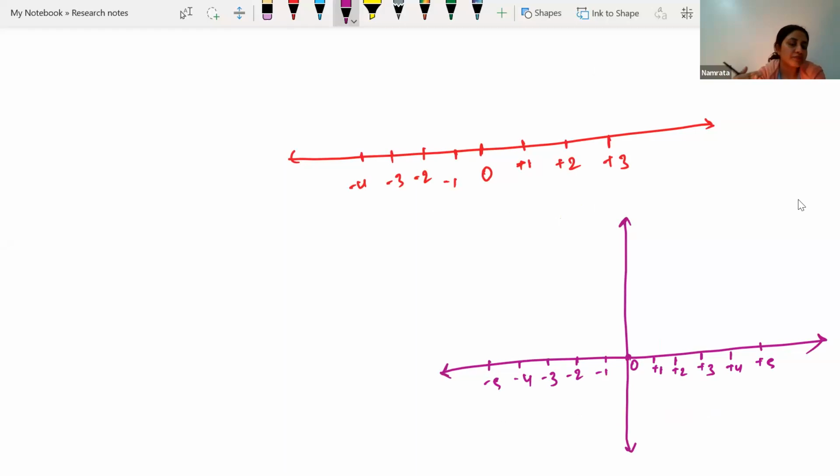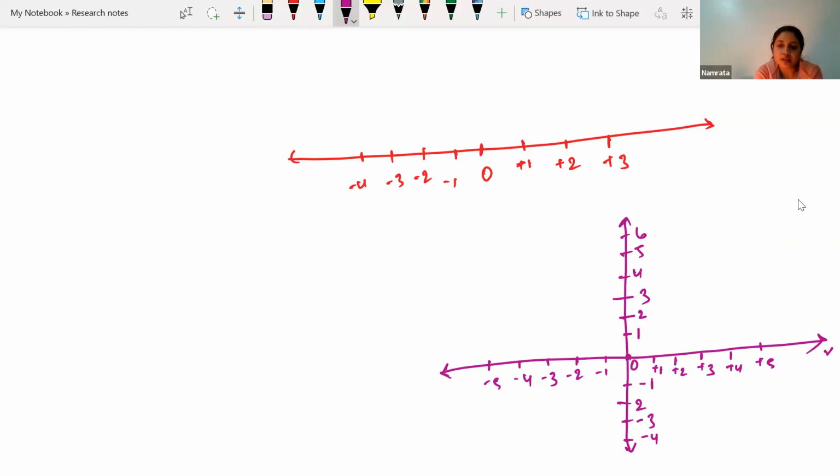So basically I have kept a number line consisting of integers horizontally and one number line vertically. That is 1, 2, 3, 4, 5, 6 positive, and here -1, -2, -3, -4.